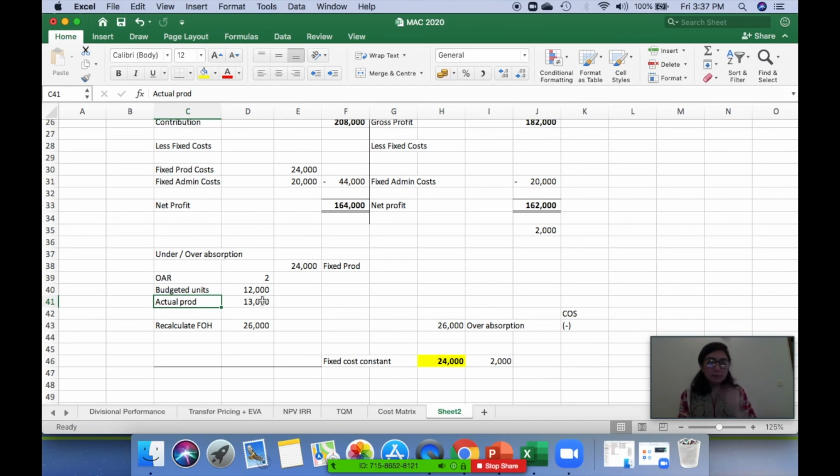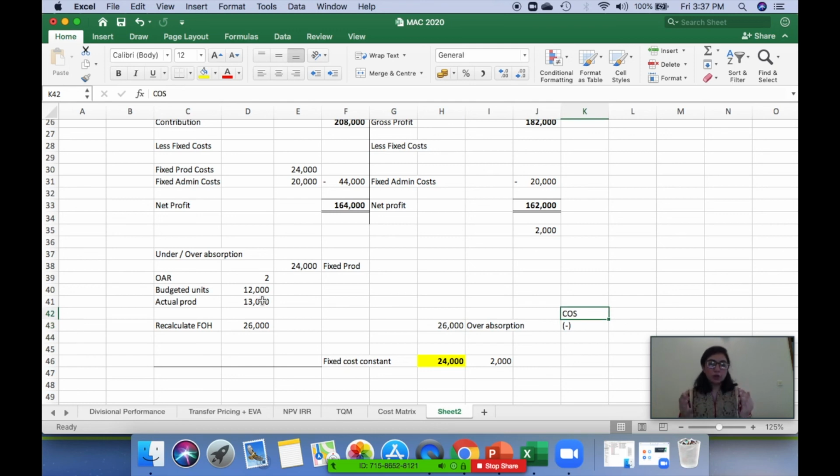To eliminate the impact of over and under absorption, what we do is we bring our fixed cost to its original amount, because fixed costs don't change. So in this case, because there was an over-absorption, the fixed cost actually rose because of greater production. We will bring it back to its original amount by deducting the difference from cost of sales.